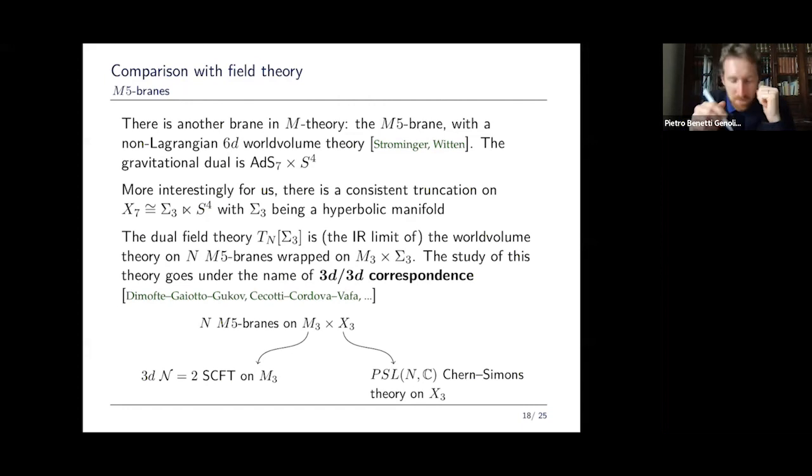That's the hard bit. So these people, and also these, they proposed an equivalent 3D Lagrangian that flows in the infrared to Tn sigma 3. So it's just a three-dimensional description. They basically told you, okay, the M5 brane wrapped on sigma 3 flows to a fixed point that can also be described in terms of the fixed point of a product of abelian gauge groups with a specific superpotential in 3 dimensions.